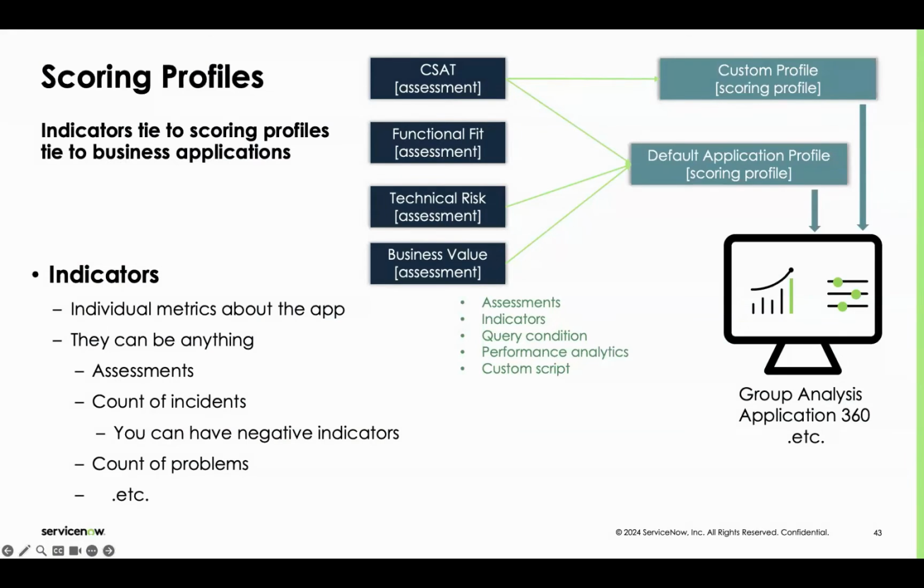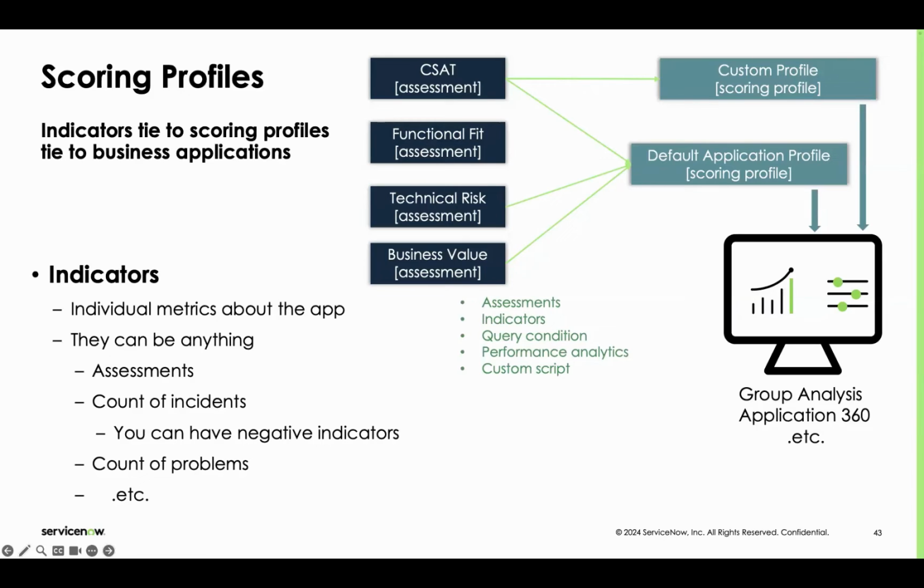So we see how these things can be put together. You can define profiles. Your default profile may not apply to cloud applications, for example. So you can create appropriate profiles to convey and control how you do your scoring.